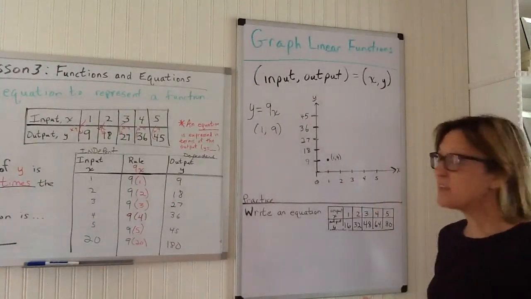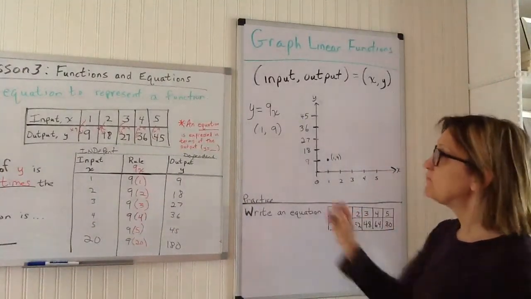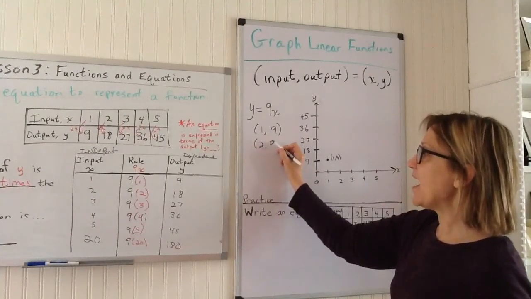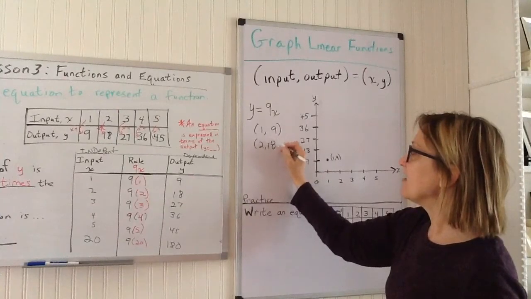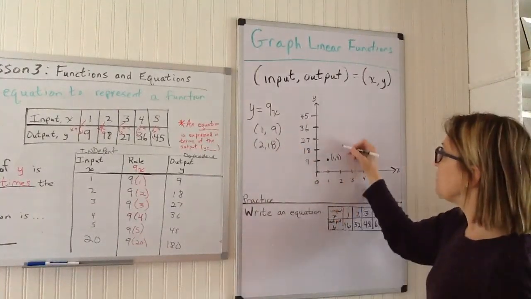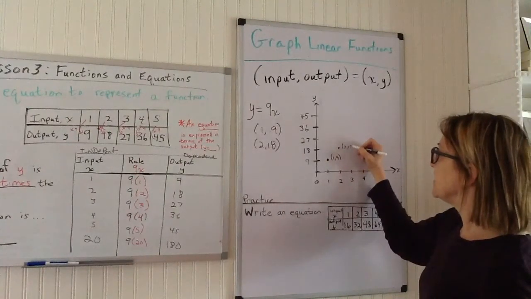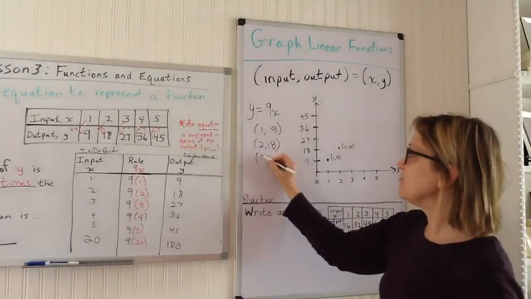Where do I get my next coordinates? I go into my function table, and I look at the next one, and I'm going to graph 2 as my x, and 18 is my y. So over 2 up to 18, that's (2, 18). Okay, my next one is (3, 27).